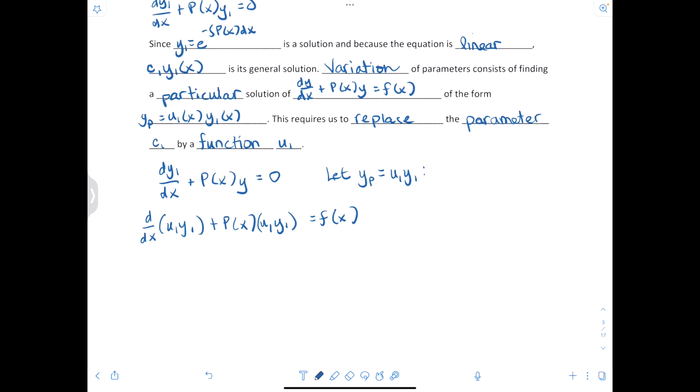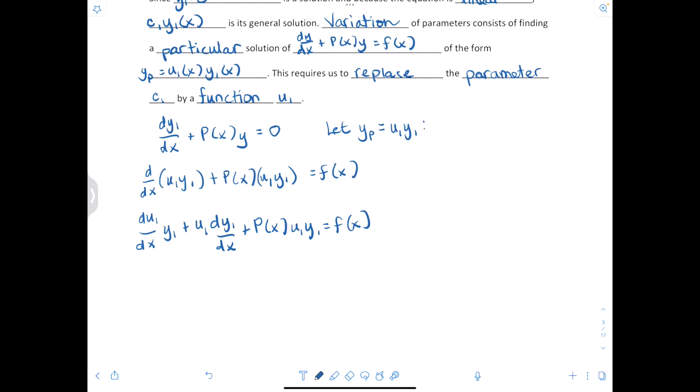So then, if we differentiate in there, we would have du1/dx times y1 plus u1 times dy1/dx plus p(x) times u1 times y1 equal to f(x).